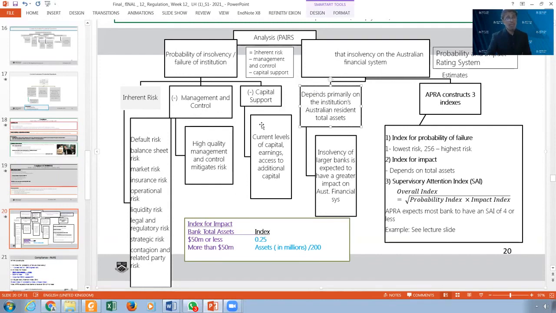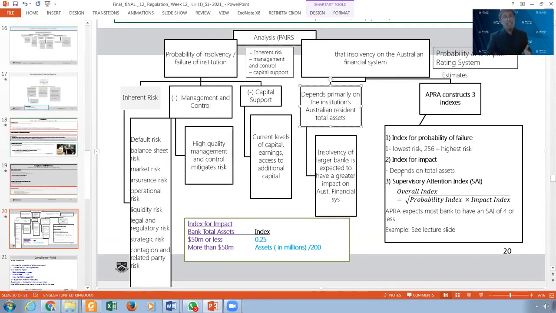Depending on this argument, in Australia they developed what you call indexes, which check your risk based on your size, and they develop 4 indexes. One is the index for probability of failure, which is between 1 and 256.